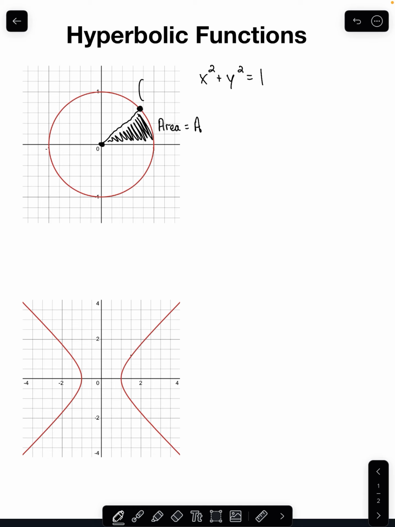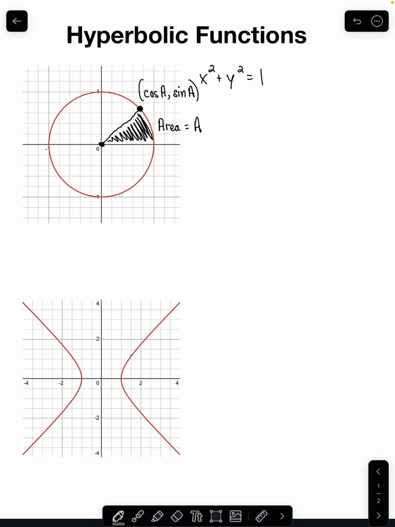In that case, as we know well, the x-coordinate of this point is the cosine and the y-coordinate is the sine. However, instead of defining them in terms of the angle measurement, I'm choosing to define them in terms of the area, which is directly related to the angle measurement.